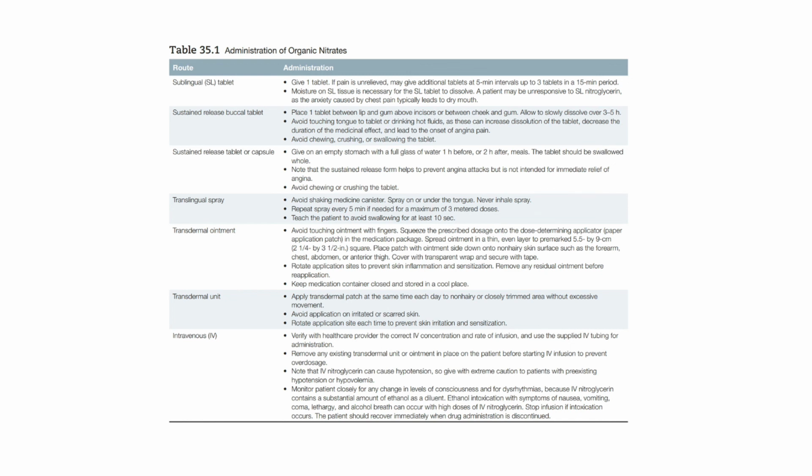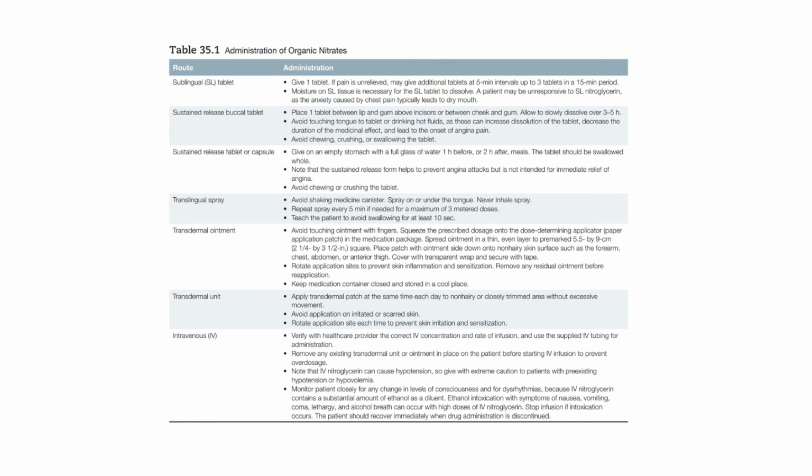So sublingual tablets. People carry these around in their pocket, and these are taken for an anginal episode. Someone has gone up a flight of stairs, they have a history of stable angina, and now they have chest heaviness and shortness of breath.